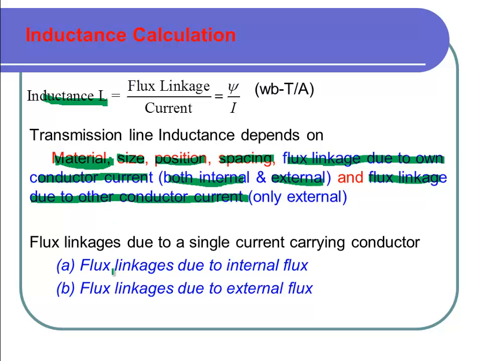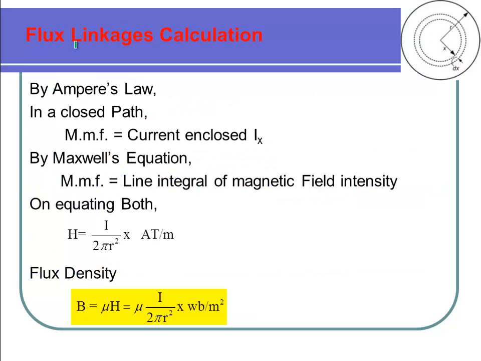First we will see the flux linkage due to internal flux and the flux linkages due to external flux because of the current carried by the same conductor. Now consider a cross-sectional view of the conductor. Say the radius of the conductor is r meters.